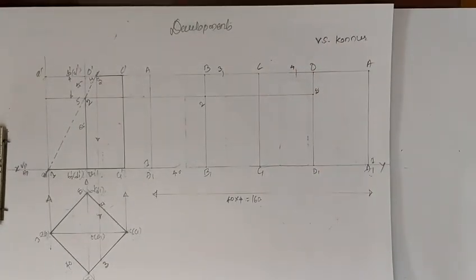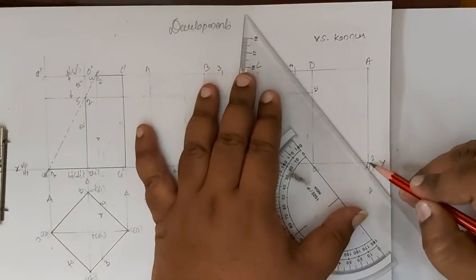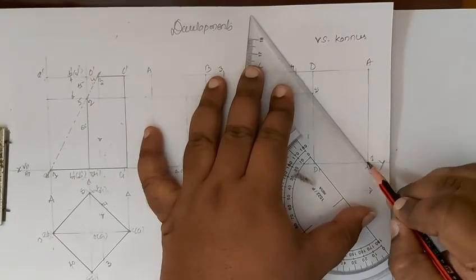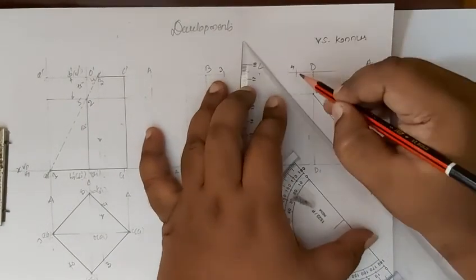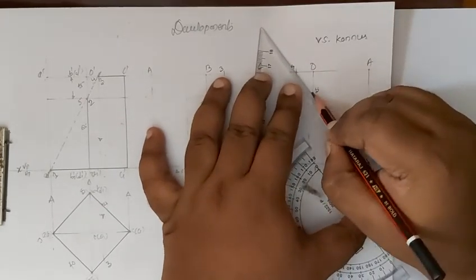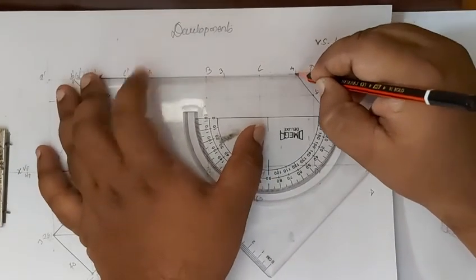Now what you have to do? Make a development. Join one by one. From the first point I am joining to the fifth point. Next from the fifth point to the fourth point. Right. Next from the fourth point to the third point.